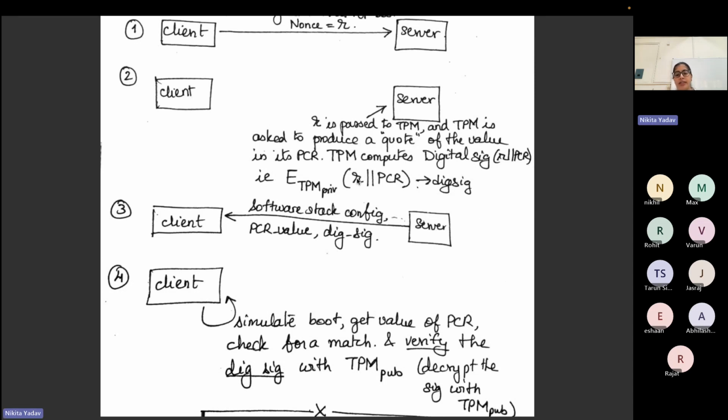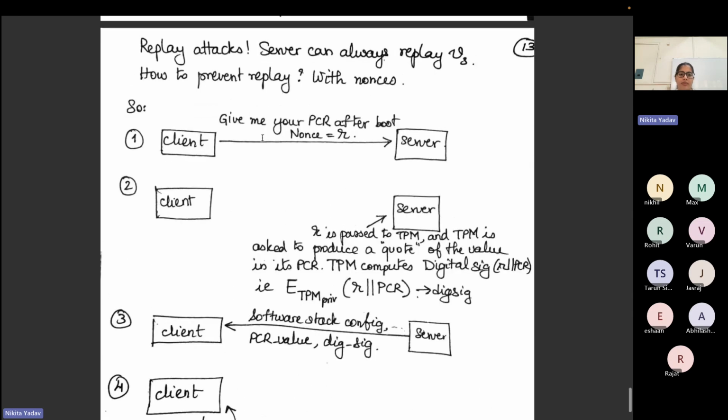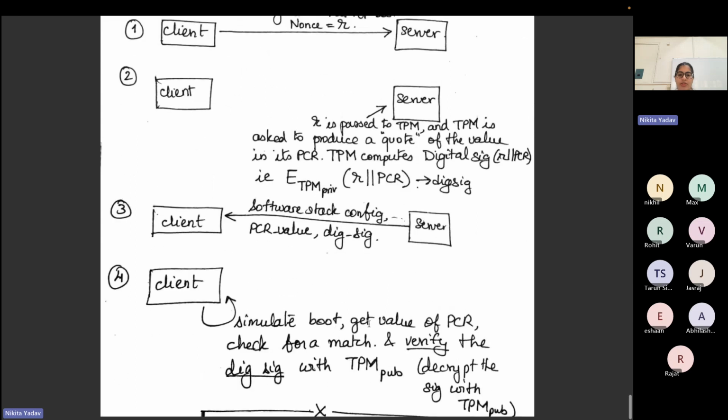If the decryption happens correctly, that shows that this value was indeed encrypted by the TPM. That means it can verify that it is indeed the value of r which it had passed in step 1. Second, it can check that the PCR value here matches this PCR value. In this manner, it can verify that the server is not replaying the value.